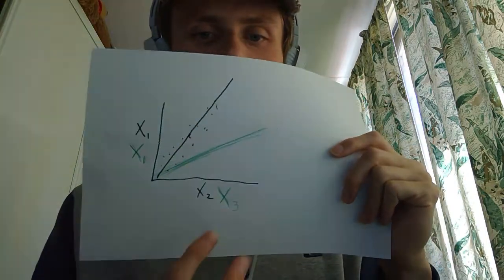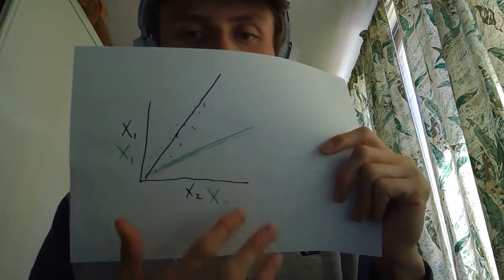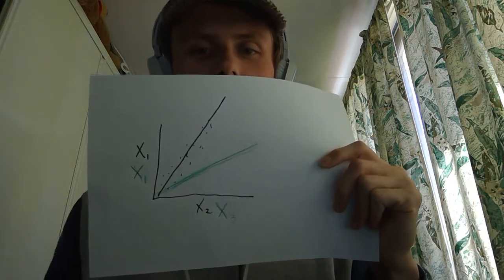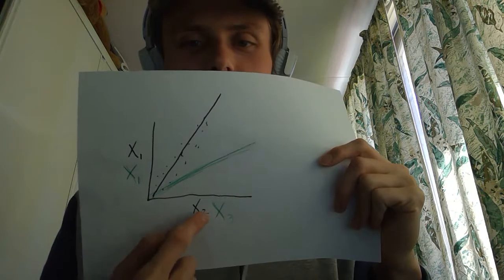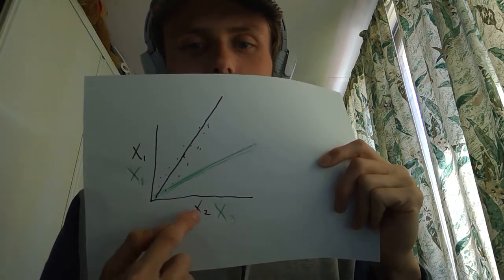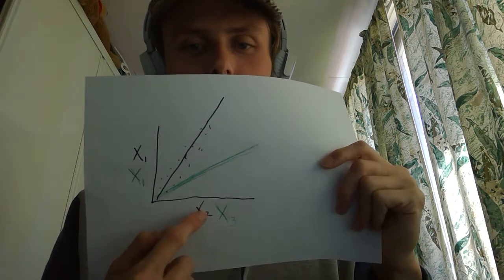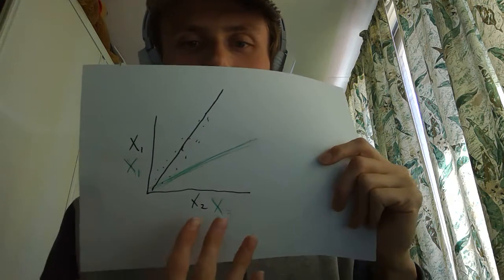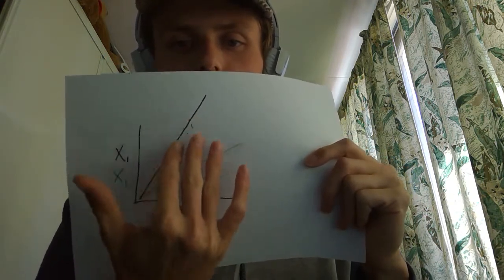So this would mean that x3's influence is even weaker than x1's influence. So that means if x2 has the same constant influence, I'll keep x2 on this axis, and I'll move x3 onto here, so then you can see the same x2 pushing.